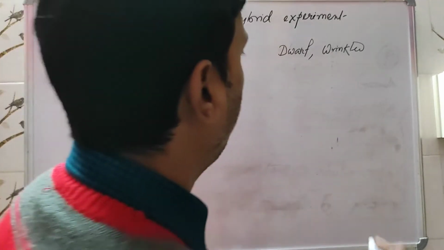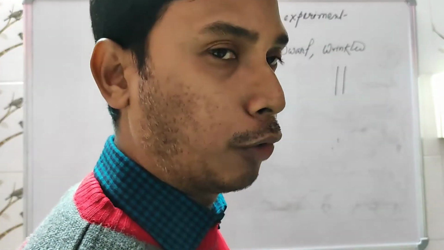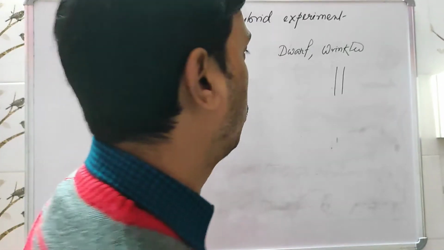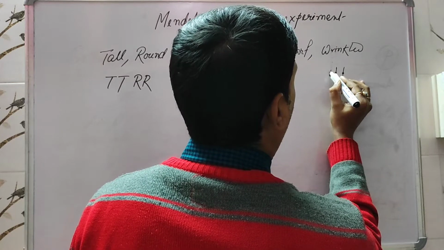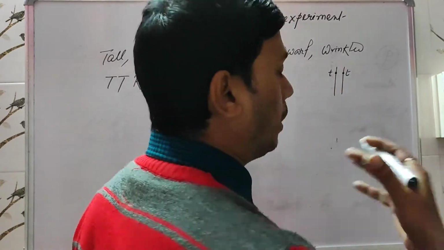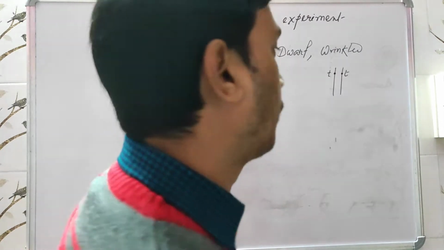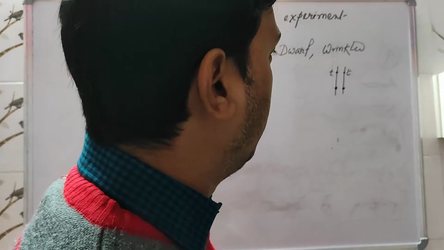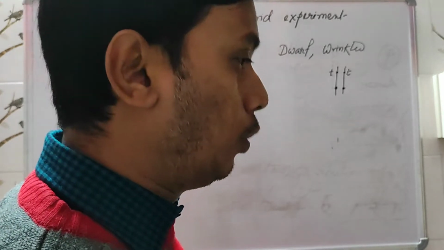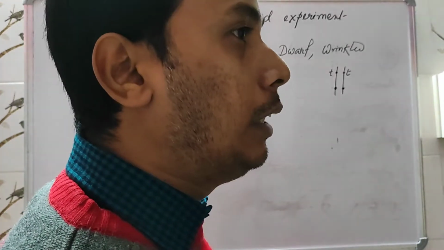In the same way I can place here the diploid, two sets of homologous chromosomes. In this locus the genes are present which regulate the dwarf trait. And at this position the genes are present which do not regulate the height but control the seed shape.